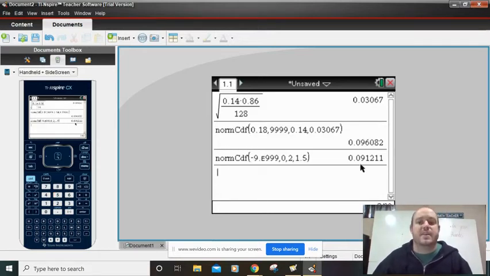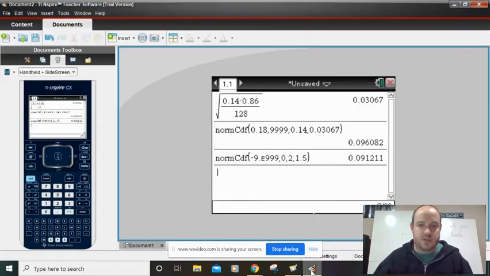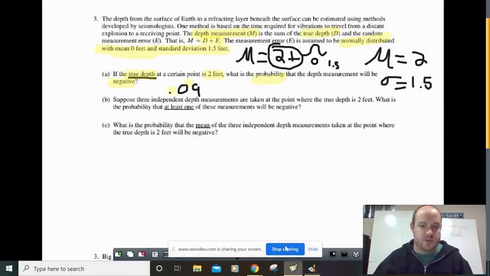We find out that it is 0.091211. So 0.09, and now I forgot, was it 1211? Yeah, 1211. So that's going to be the answer to A.